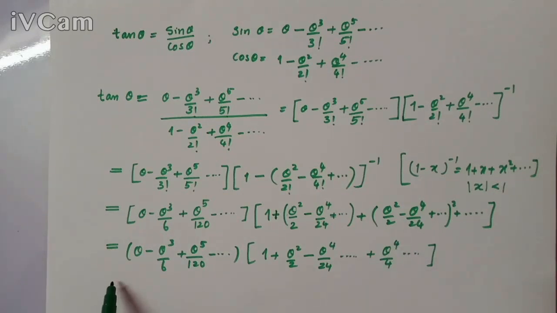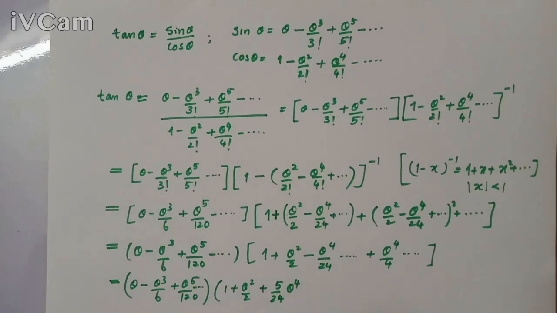So this can be written as theta minus theta cube by 6 plus theta raised to 5 by 120 minus etc., into 1 plus theta square by 2 plus 5 by 24 theta raised to 4. I simplify these two. I multiply 6 in the numerator and denominator, so we get 6 times theta raised to 4. Here we have minus theta raised to 4, so that is 5 times theta raised to 4, with denominator 24. Plus etc.